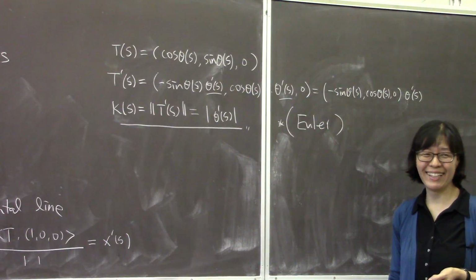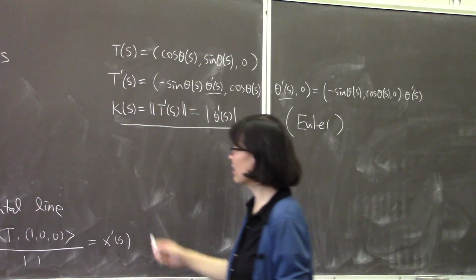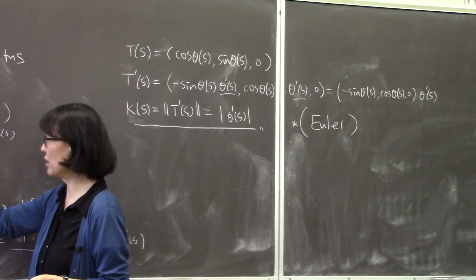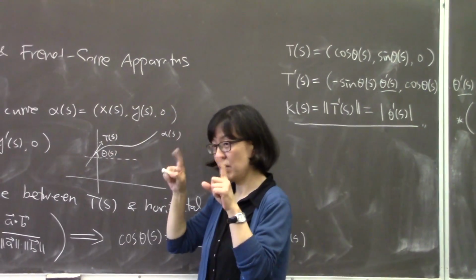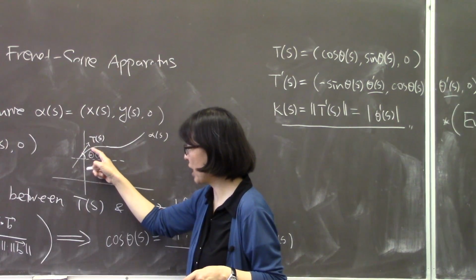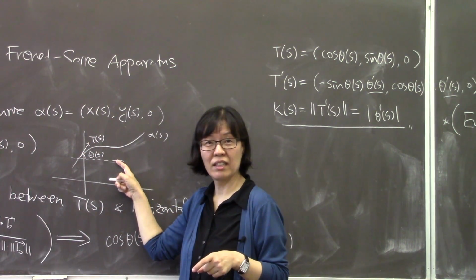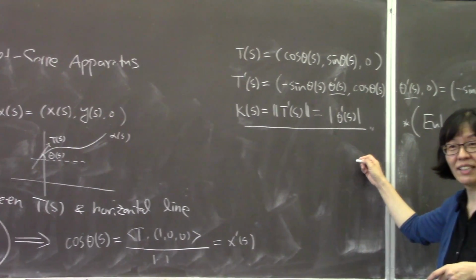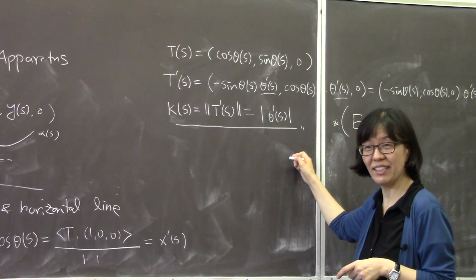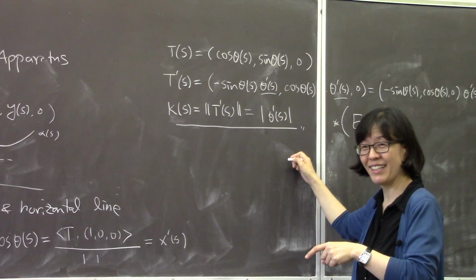It's simple, but it's very neat, right? So we define the curvature as the rate of change of the tangent. Also, you can interpret it as the measure of the rate of change of the angle between the tangent and the horizontal line. Is that okay? Any question?